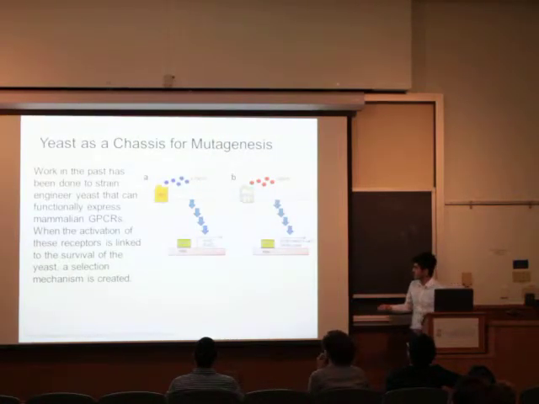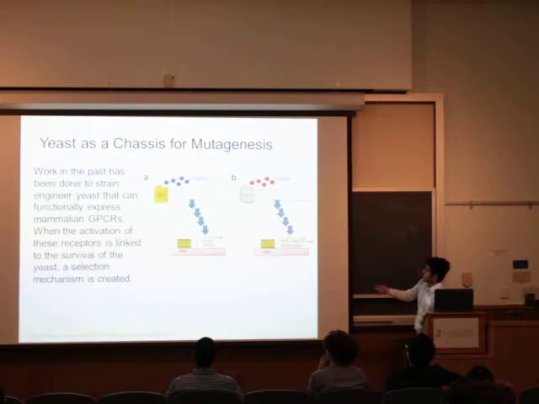I use yeast for this because I work with mammalian receptors, but mammalian cells are not an ideal chassis for this kind of work because they're slow and difficult to use. Right here, you see a simple yeast GPCR pathway, in fact the only major one that yeast has.